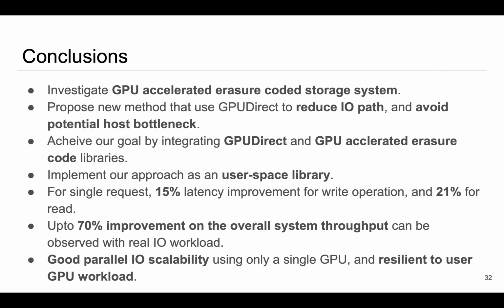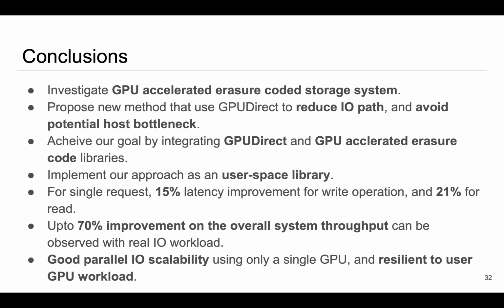To conclude, our work investigates the GPU accelerated erasure coded storage system and identifies its I/O performance issue. We propose a new method that uses GPU Direct to reduce the I/O path and avoid potential host bottleneck. We achieve our goal by integrating GPU Direct and a GPU accelerated erasure code library, and implemented our approach as a user space library.